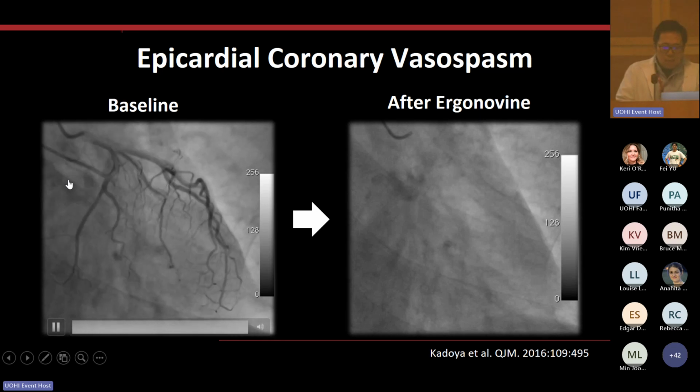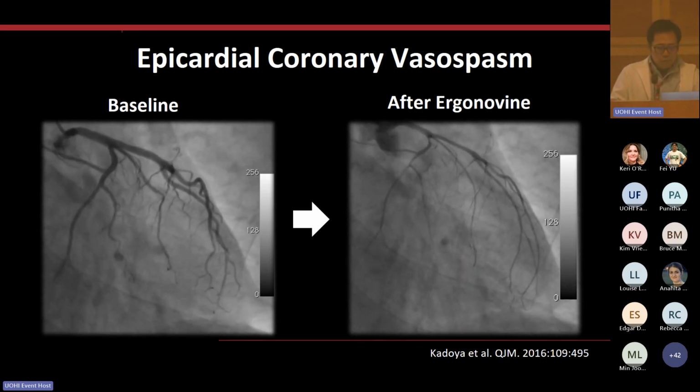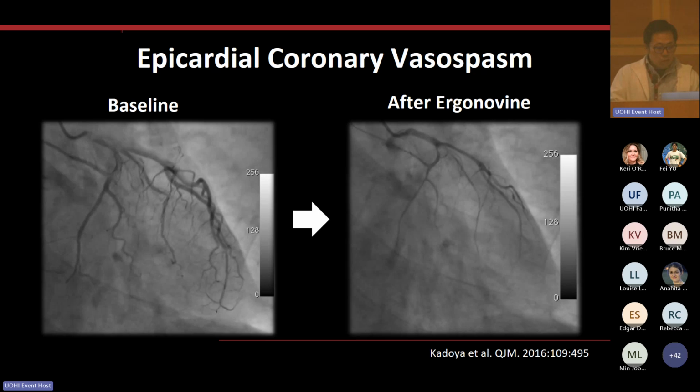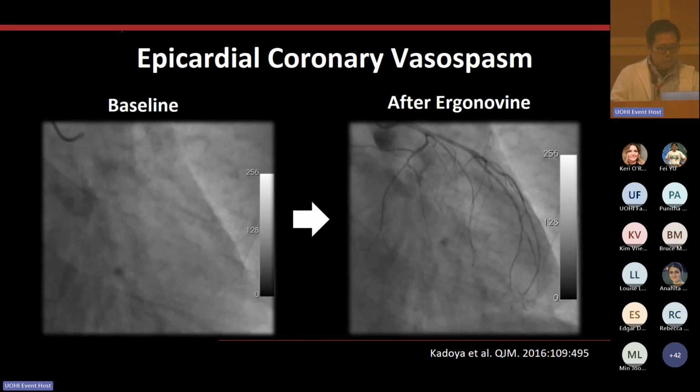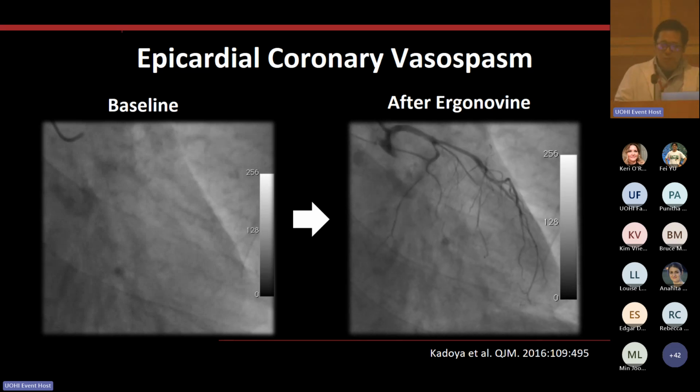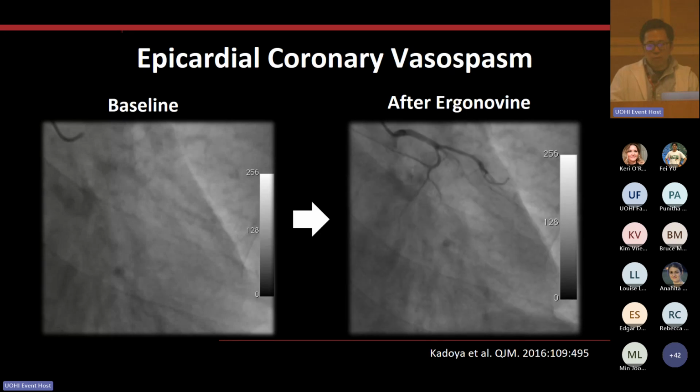This is an example of epicardial coronary vasospasm. There is no significant stenosis at baseline, but you can see diffuse stenosis after ergonovine injection. Soon after the injection, the patient complained of angina with ischemic ECG changes.